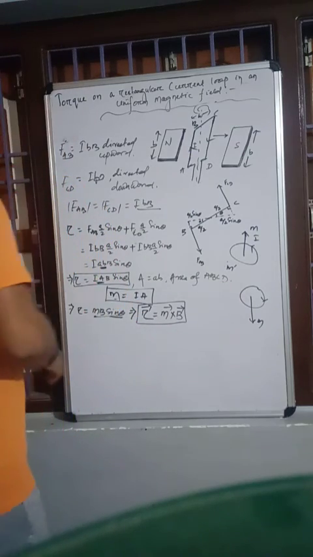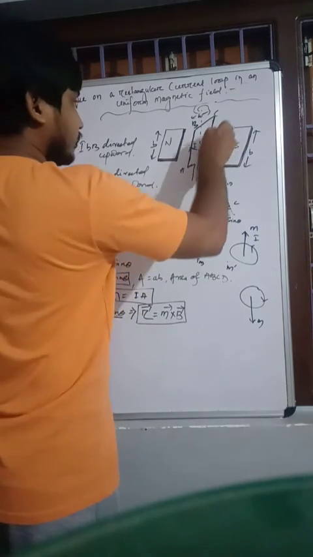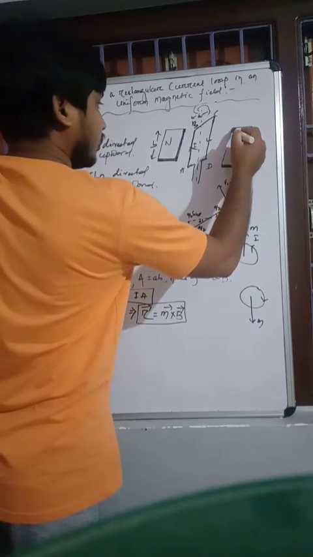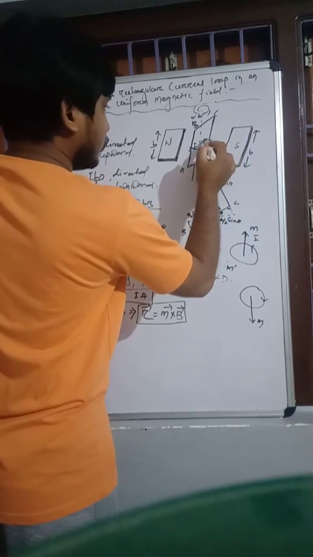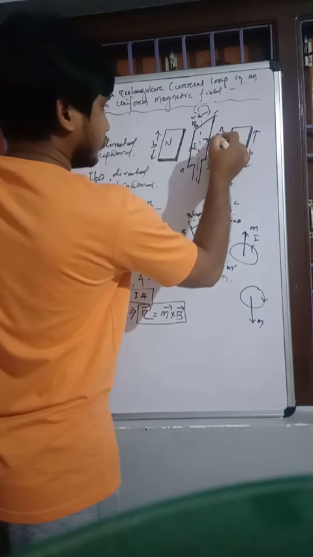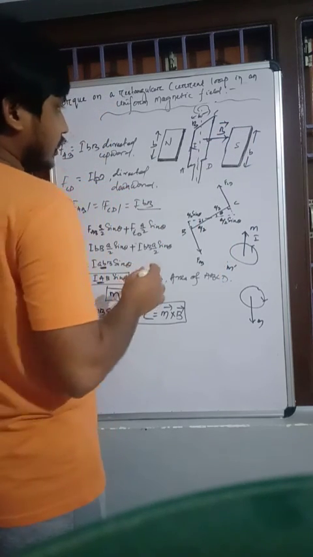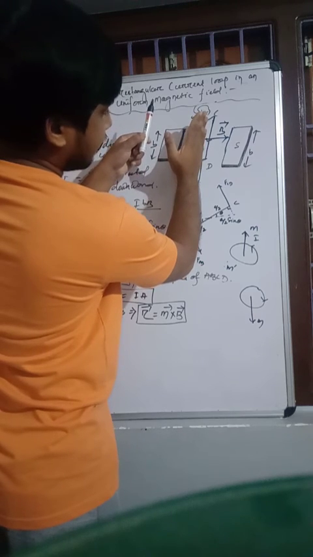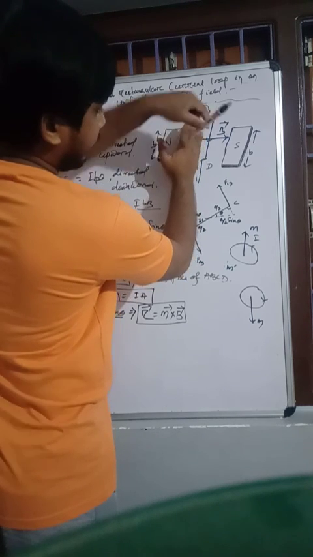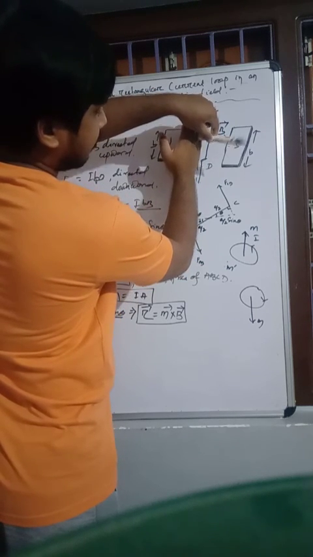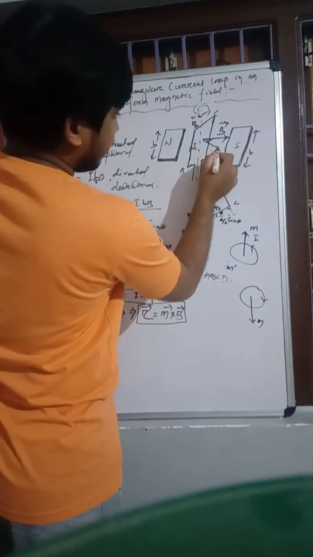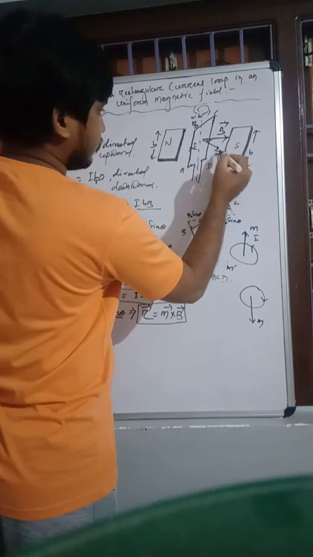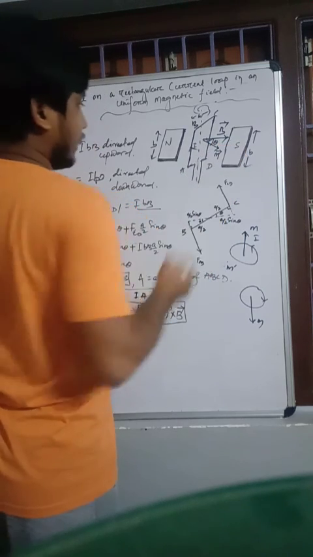If you want to find out where the theta is coming from, you can see here: this is the direction of B, north to south, and as the loop is tilted like this, the area vector will be like this. So this will be the direction of the magnetic moment m, and this angle will be the theta angle.